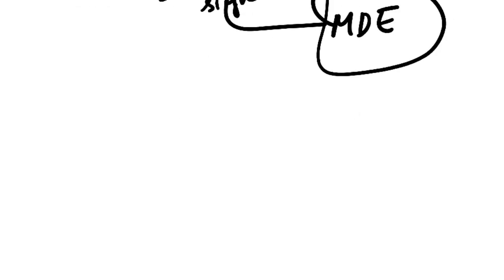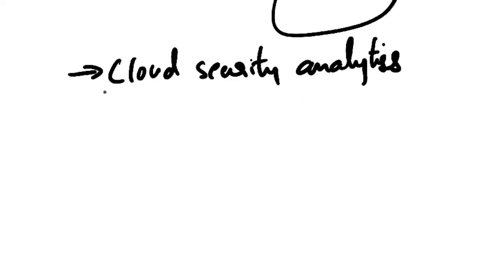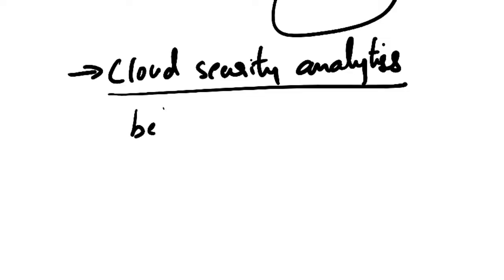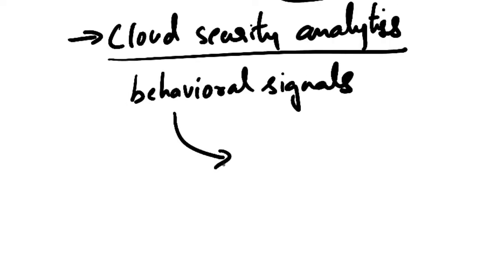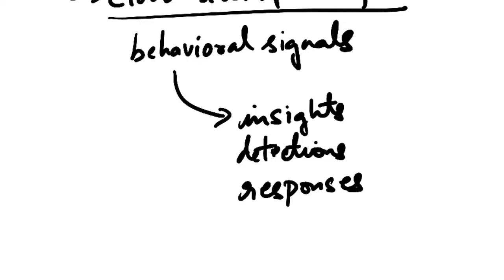Once this is done, it uses cloud security analytics. So here it uses big data, device learning, unique Microsoft optics, enterprise cloud products, and online assets. Here, what happens? The behavioral signals are translated into insights, detections, and recommended responses to advanced threats.